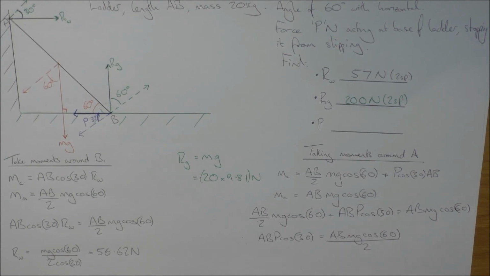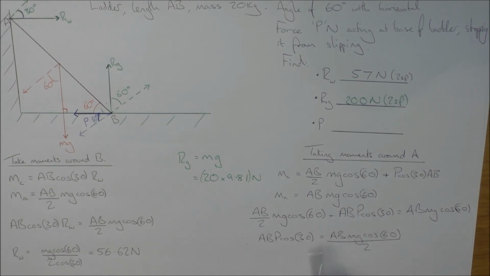I can divide through by AB and divide through by cos 30 to say that P is going to equal mg cos 60 all over 2 cos 30.